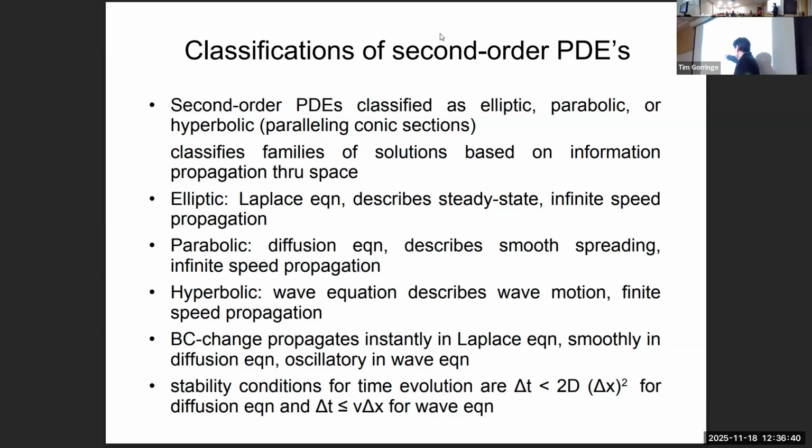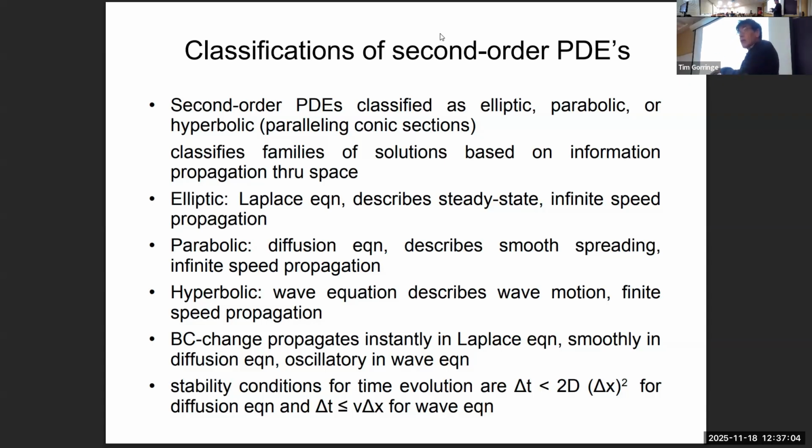What about the diffusion equation? We call that a parabolic equation. In that equation, the solution is a function of time, but changes in time evolve smoothly and they relax or die out over time. That's the characteristic of a parabolic partial differential equation.